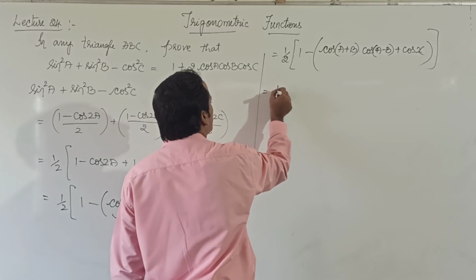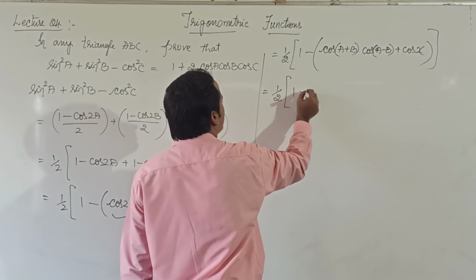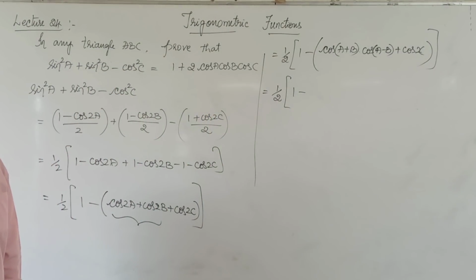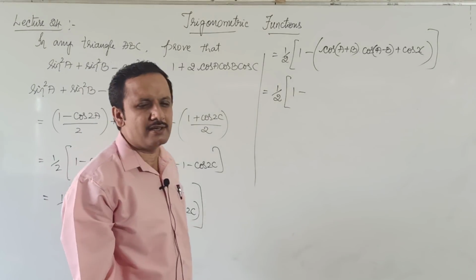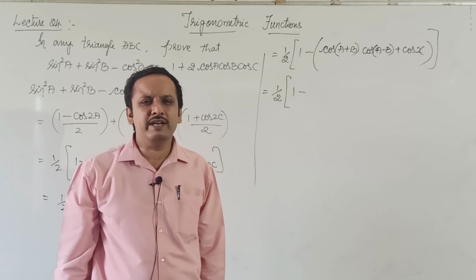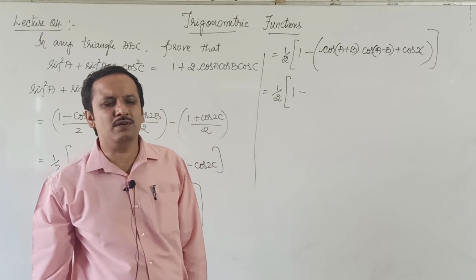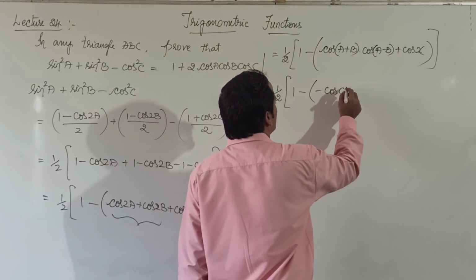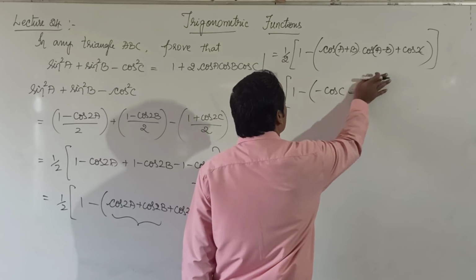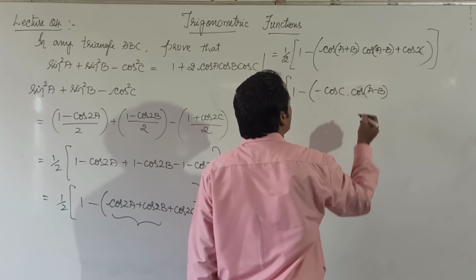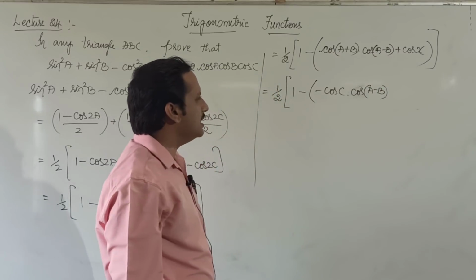That's equal to 1 by 2 into 1 minus cos (A plus B). Cos (A plus B) can be written as minus cos C, because A plus B is equal to 180 minus C, so cos (A plus B) is equal to cos (180 minus C), which is minus cos C. I can write this as minus cos C plus minus cos C into cos (A minus B), plus cos 2C.